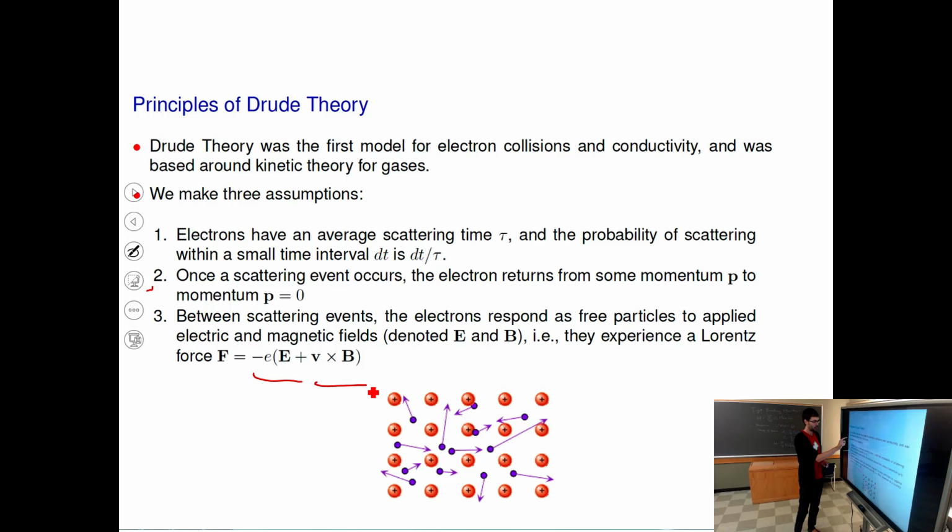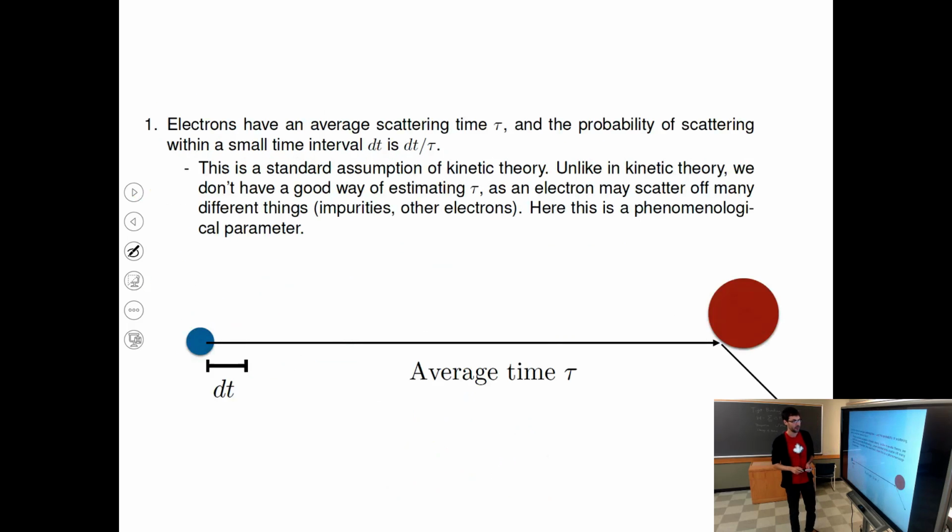Okay, so let's go through these assumptions one by one to understand them a little bit better. Scattering time is a very, very useful concept which helps you both conceptualize what happens in complex systems with many, many things happening, and also to write down some numerical things about these systems.